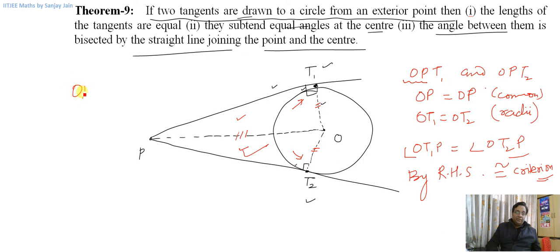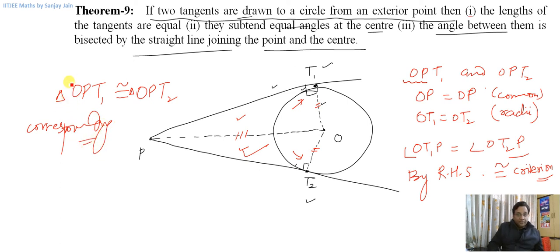I can say that triangle OPT1 is congruent to triangle OPT2. And now that these two triangles are congruent, I can say that their corresponding parts are equal. That means OT1 is equal to OT2, that we already have. PT1 is equal to PT2. This is the conclusion that we can draw.